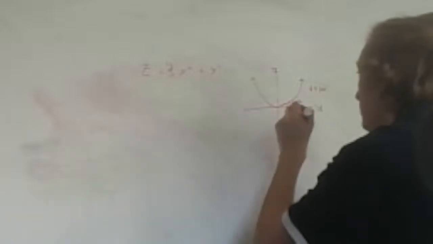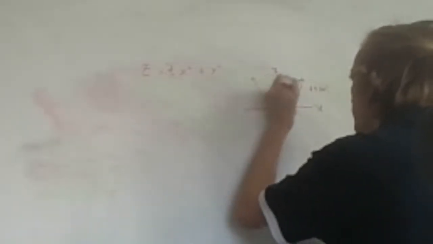So this is going to be x is equal to 1, and then z is going to be equal to 3.